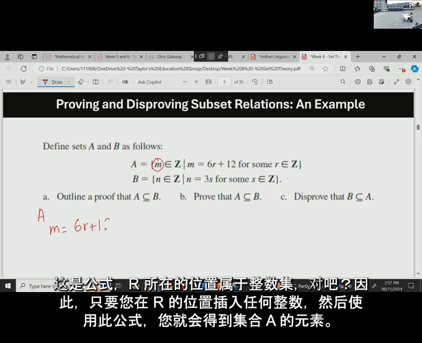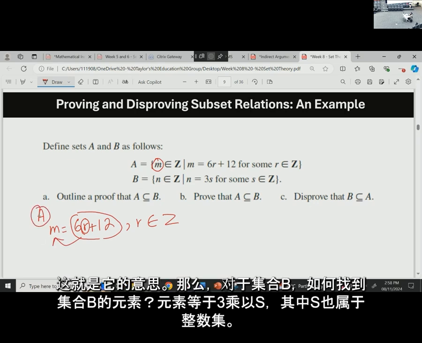This is the formula for that, and where this R belongs to the set of integers. So whenever you plug in any integer in the position of R and use this formula, you will get the element for set A. This is what it means.